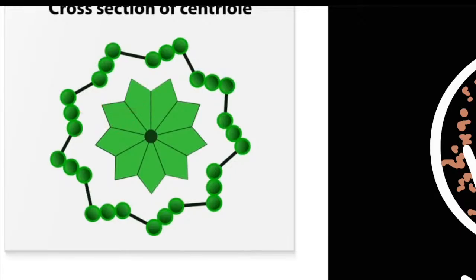They are known as subfibrils. So subfibril A, subfibril B, subfibril C. The adjacent triplet fibrils are connected. This is A, this is B, this is C, so it will be A, B, C, A, B, C.